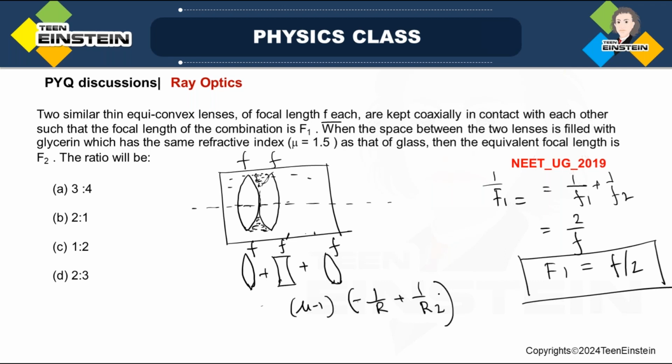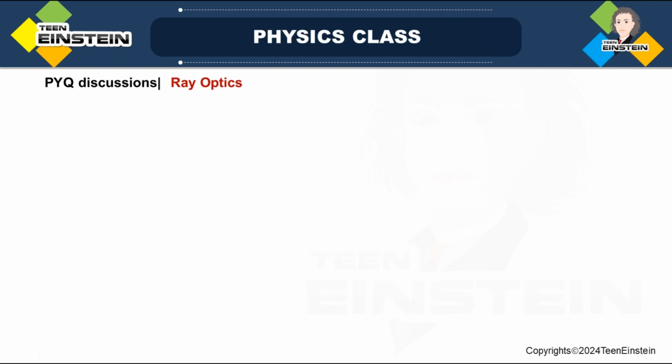So then R1 minus R2, right? So this will give you actually minus f, focal length minus f. For this situation, let us find out. So I have one lens, convex, concave, with minus f plus again f.